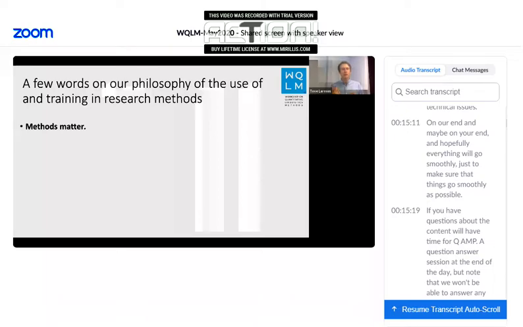The first bullet on our philosophy of the use and training of research methods is a really basic idea, and that is simply that methods matter. We as a field, as researchers in linguistics, need to take our methods really seriously. Maybe that's obvious, but we don't necessarily have a long methodological tradition, or a tradition of methodological expertise, in the field.